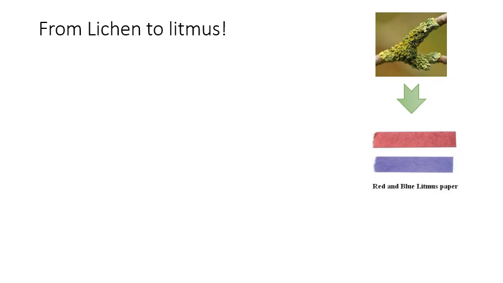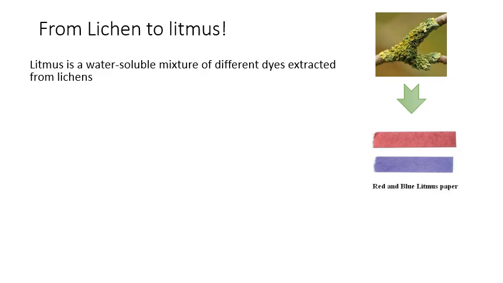The study says that if there are lichens growing on the bark of a tree in your environment, it indicates that it is a very healthy environment and there is very little pollution. Otherwise, the color of the lichen changes, or at times the lichens are not able to grow at all. Litmus is a water-soluble mixture of different dyes which are extracted from these lichens.